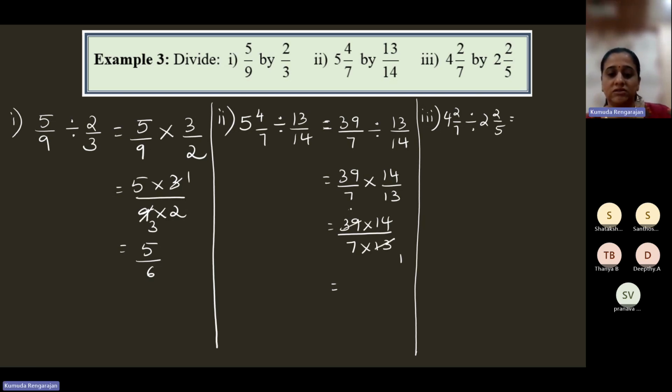Thirteen ones are 13, threes are, 7 ones are 7, twos are 6 by 1, which is 6.